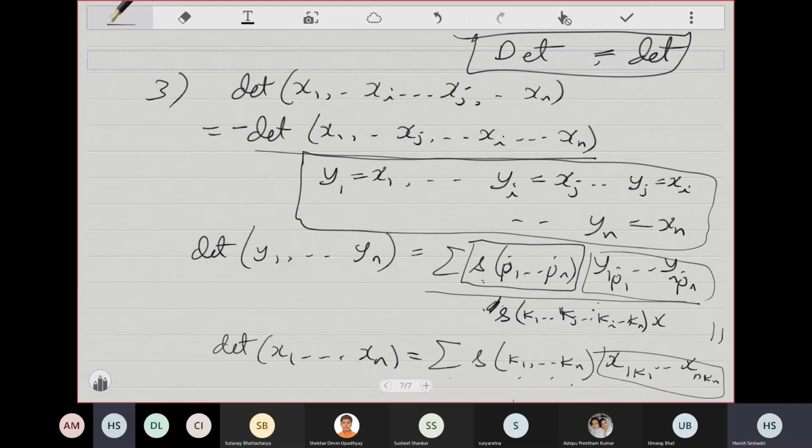They're literally equal. If I consider this S of X1, K1, and then Xn, Kn, simply because of this flipping around business.